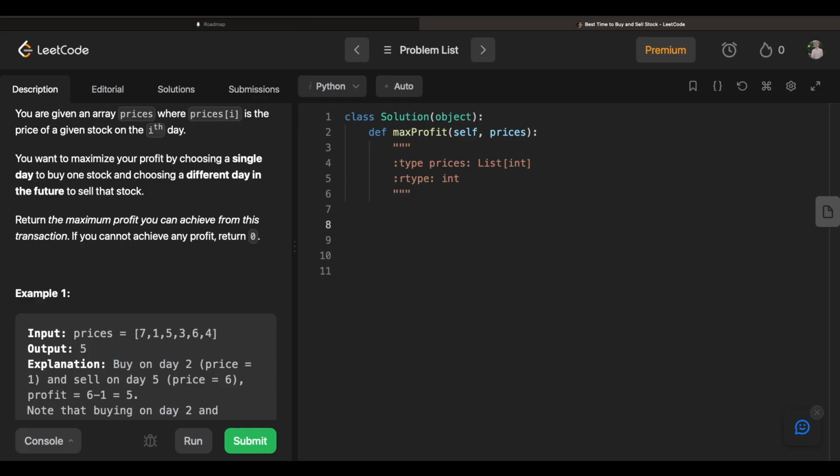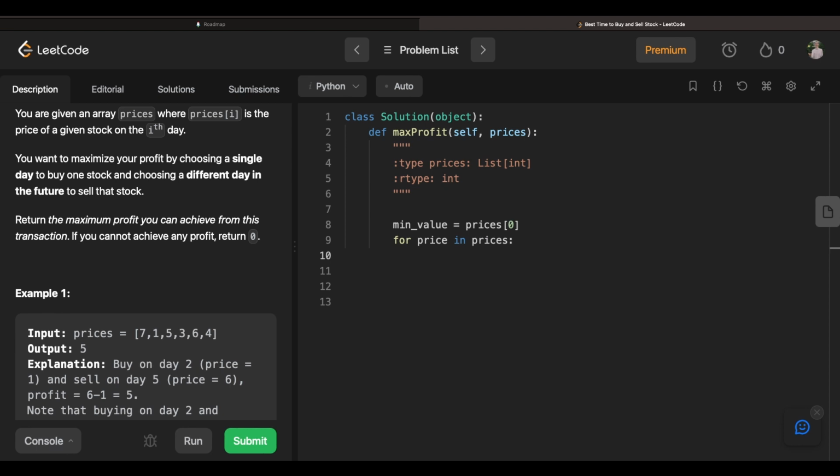So in this case, we will have a min value, which we will set equal to, let's just say, the first value in prices. And then we'll loop through each price in the prices array.